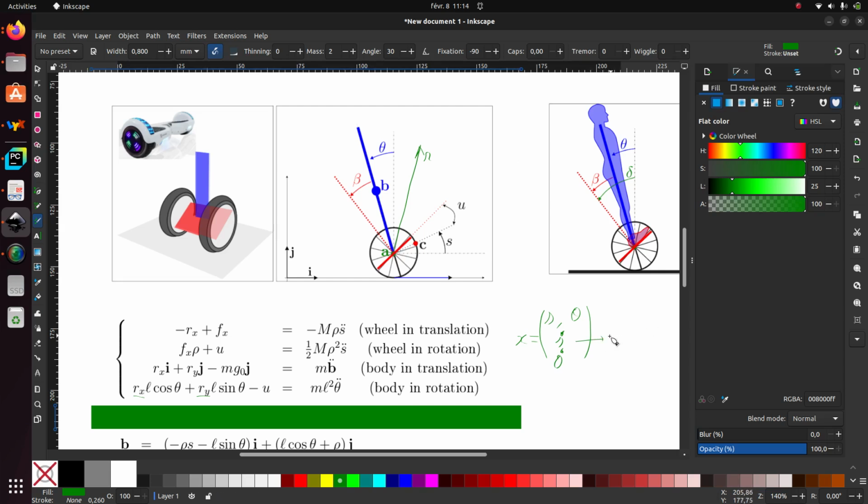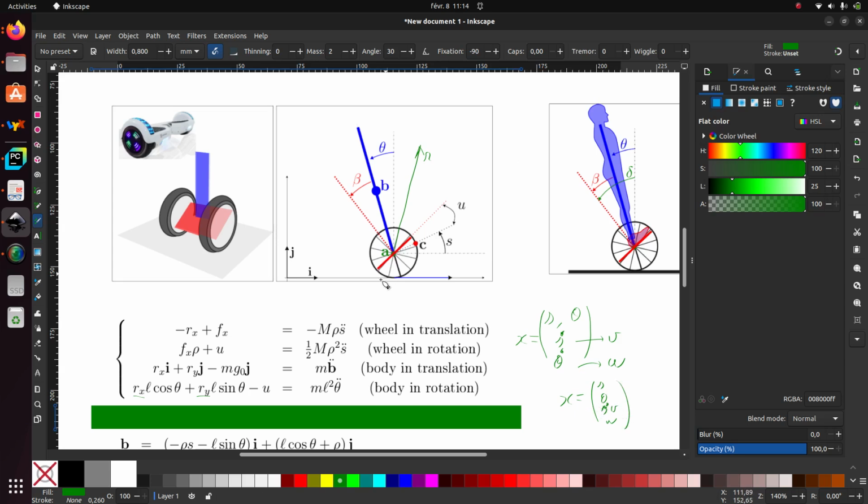S dot will be called V, and theta dot will be called omega. So x, the state vector, will have the form S, theta, S dot, so V, and omega.